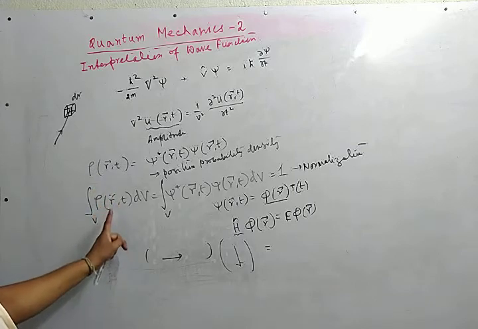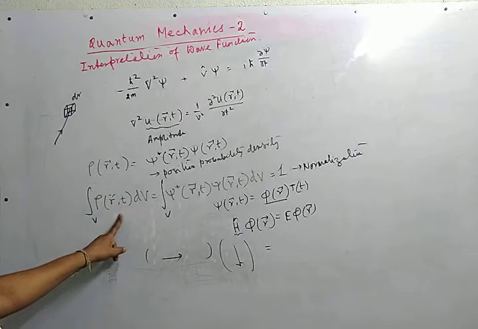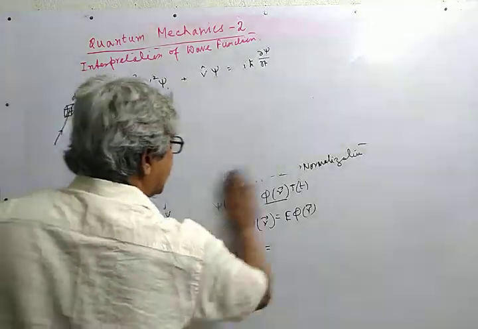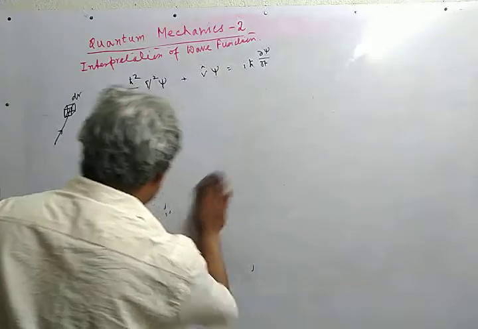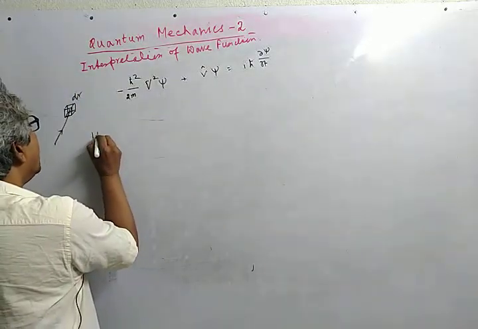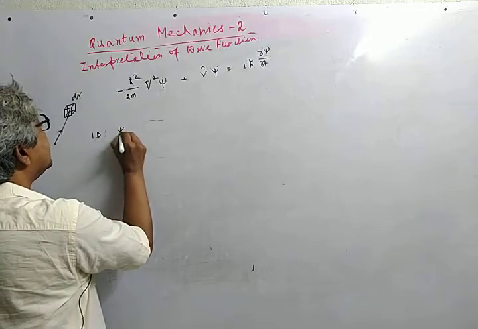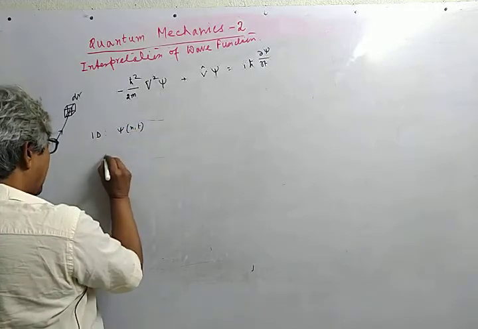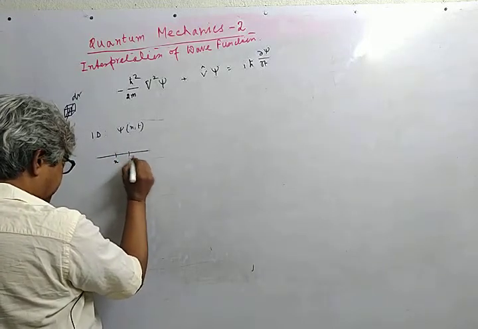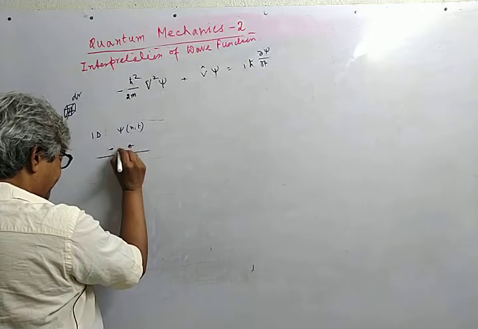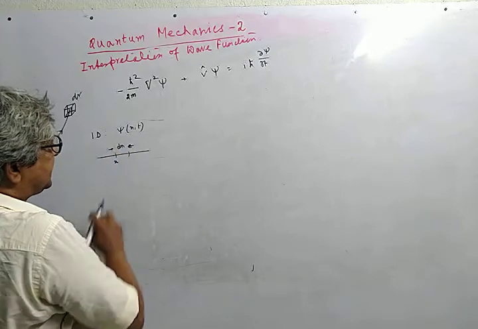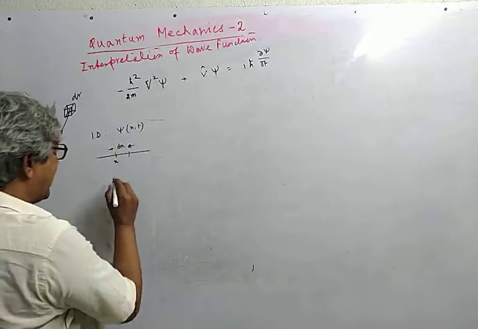Let me first consider the special cases of this interpretation in 1 and 2 dimensions. If we have a particle moving in 1 dimension, the wave function of the particle is psi of x, t, and if we consider a point x and a neighboring point x plus delta x, what is the probability of finding the particle within x to x plus dx?